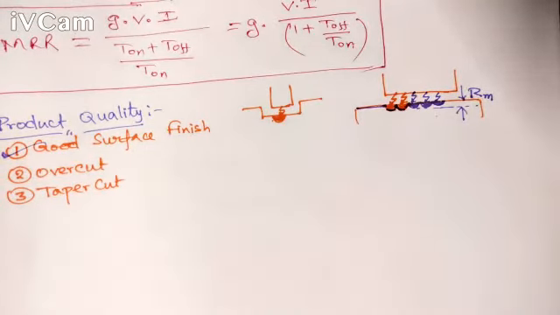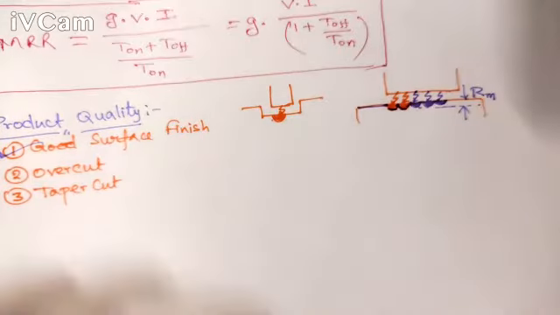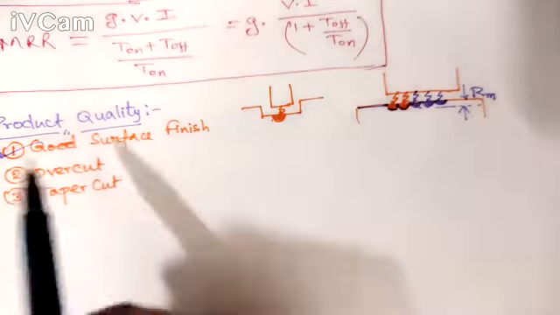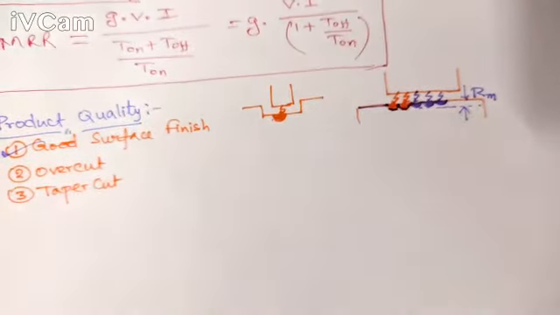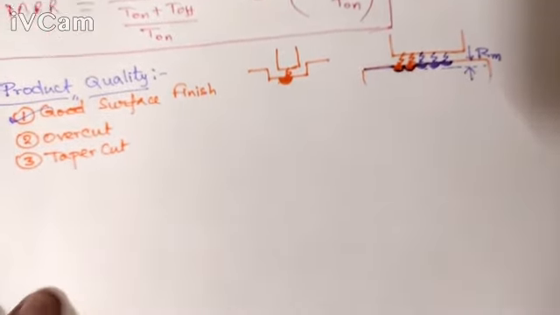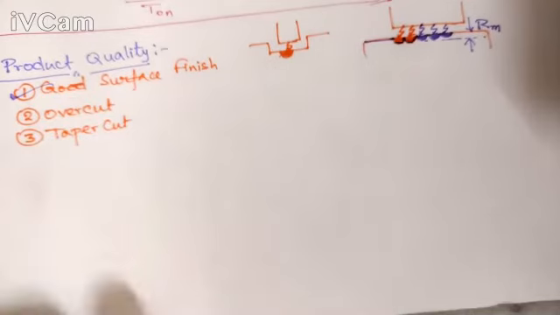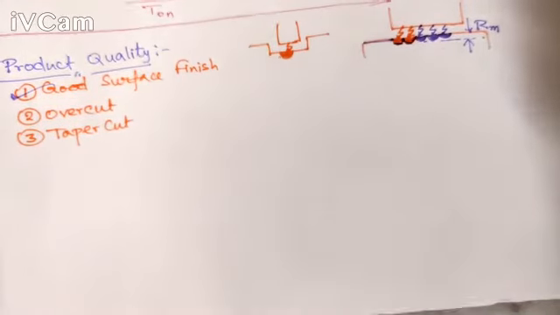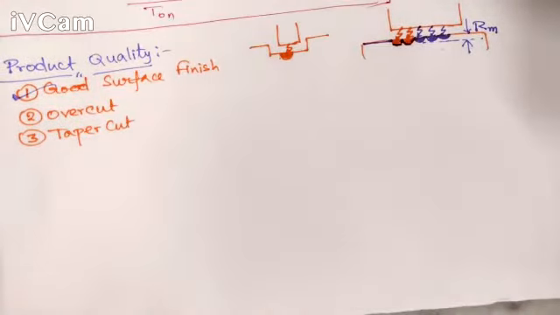Now next, we will study the surface roughness model, and then the remaining 2 points also we will discuss: what is overcut, and whether we can work on this problem or not. Then what is taper cut, and whether there is some way to overcome this problem or not, we will see.